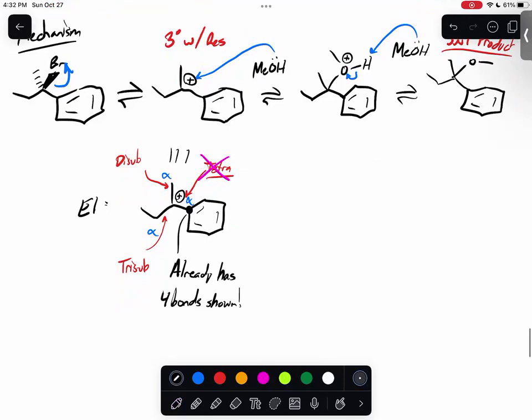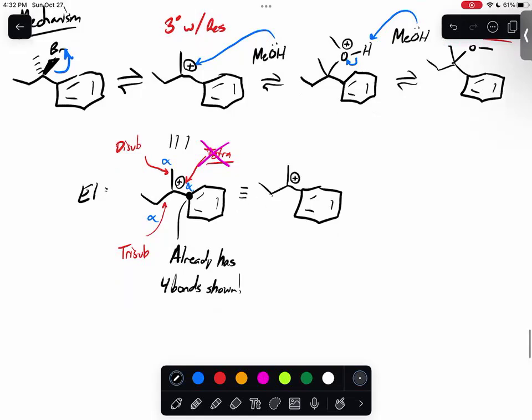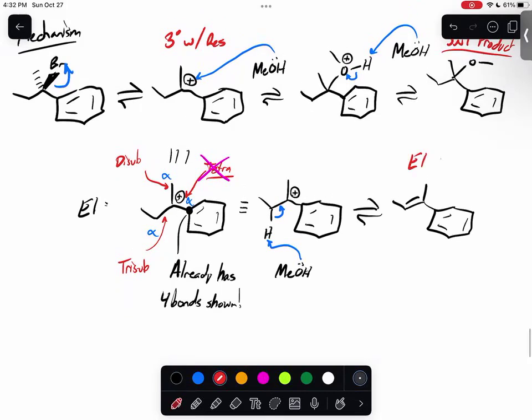Instead, we're going to have to settle for second best, which is the tri-substituted alkene. So in order to form that, we have this hydrogen that's on that alpha carbon. The methanol will act as a base, come around, grab that proton, form the alkene, which is that tri-substituted alkene that we were just talking about. And remember that for this, it is going to have to be E because E is more stable and thus better for an E1. So that would be our E1 product.